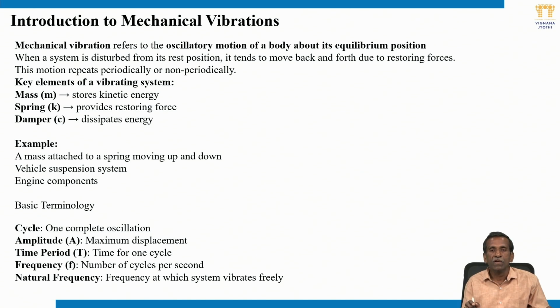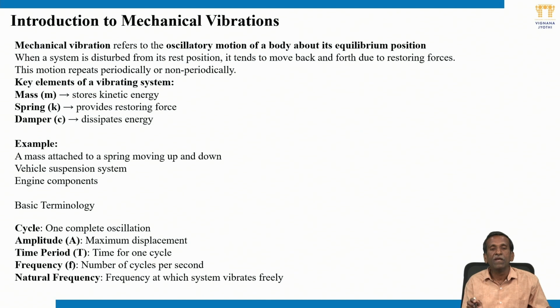For this you need to understand a model of the body, because the body must have an elastic property. We consider a spring element, and a mass element to store kinetic energy, with the spring providing the restoring force.